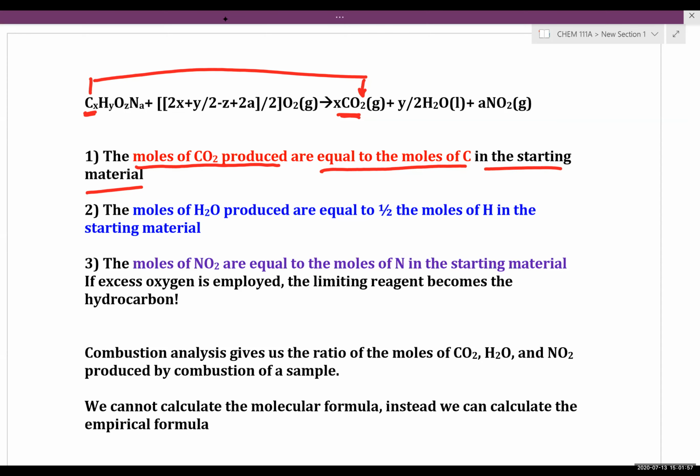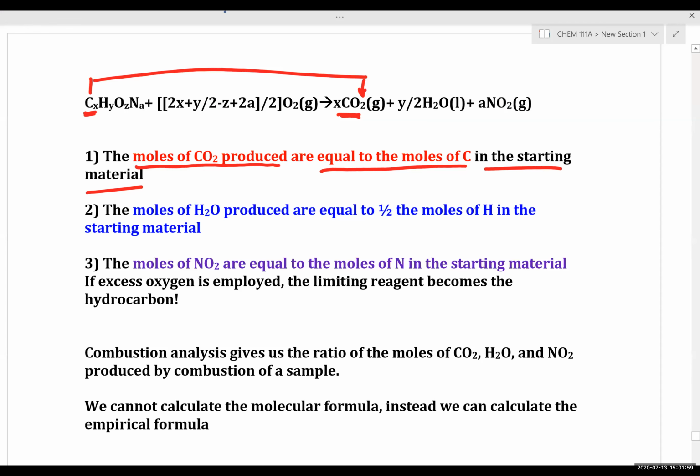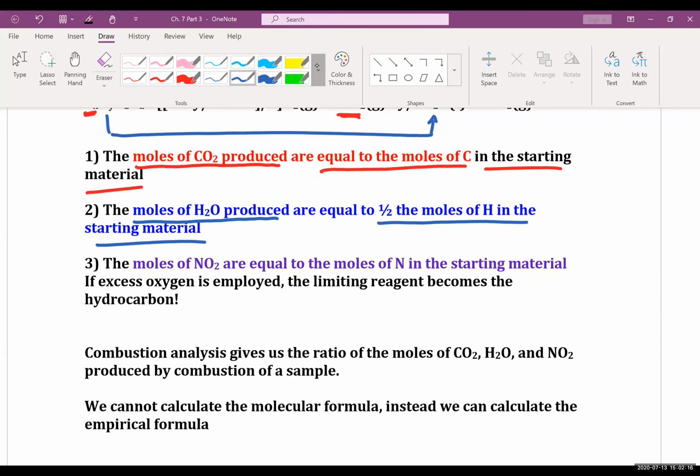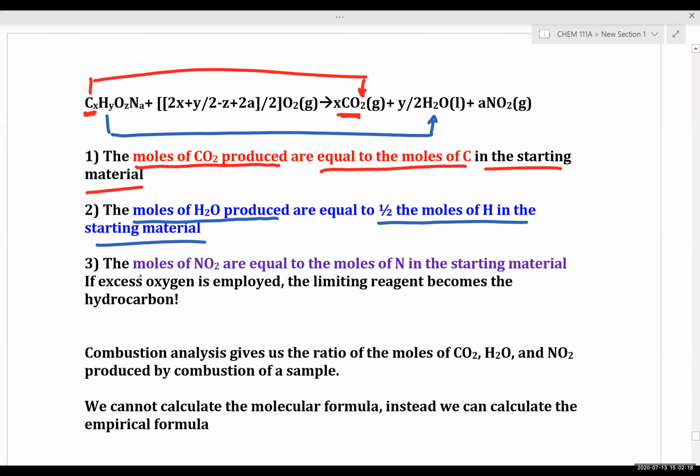We also know that the moles of water produced are equal to 1/2 the moles of hydrogen, right? Because all the hydrogen in our reactant ended up in water. And for nitrogen, the moles of nitrogen dioxide are equal to the moles of nitrogen in the starting material.